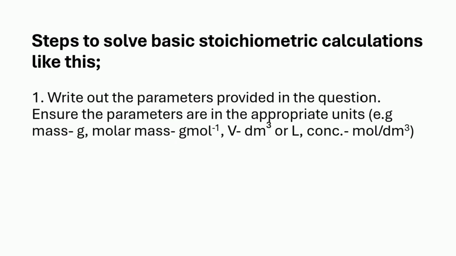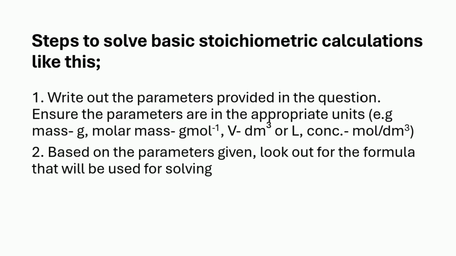The first thing is that you write out the parameters provided in the question. Then you ensure the parameters are in the appropriate units. The mass should be in gram, the molar mass in gram per mole, the volume in dm cube or liters, and the concentration in mole per dm cube, which is also the same thing as molar, capital M, as given in the question.